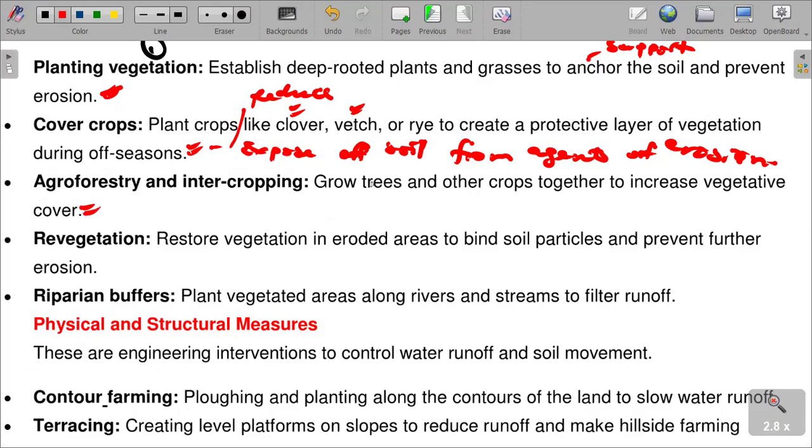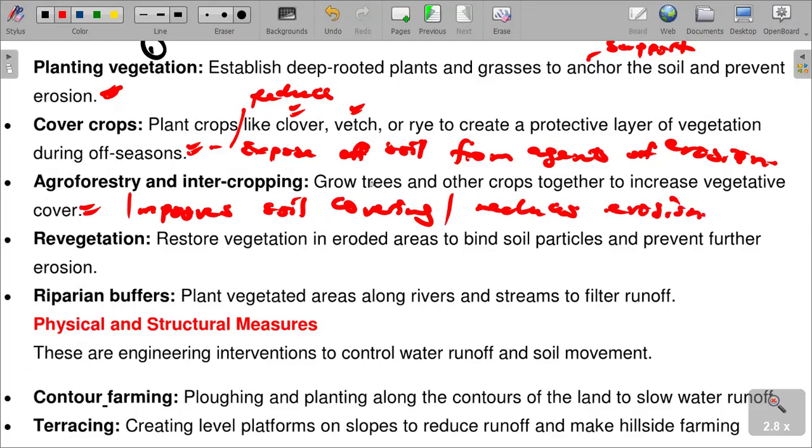Intercropping is the mix of farming of different crops over the same piece of land, which improves soil covering, hence reduces erosion. That's what is happening in this regard.